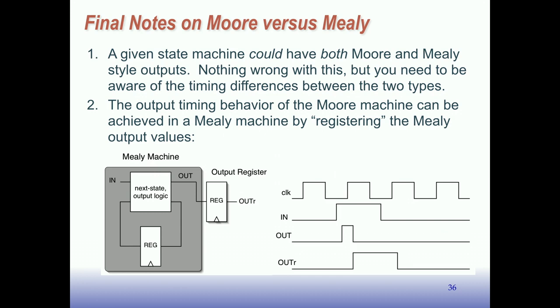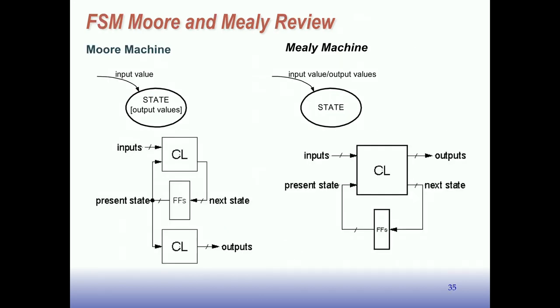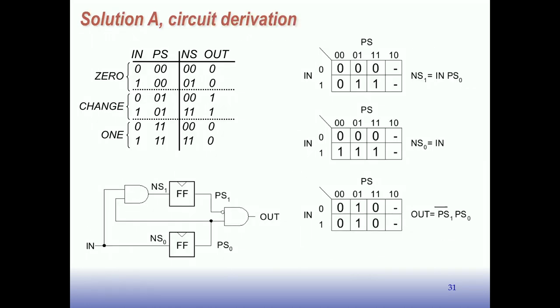What we're going to do next time on Thursday is to talk about how we optimize finite state machines. And there's two things to do to optimize them. One is to try to minimize the number of states.